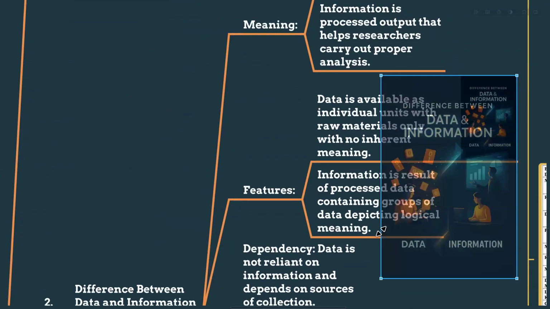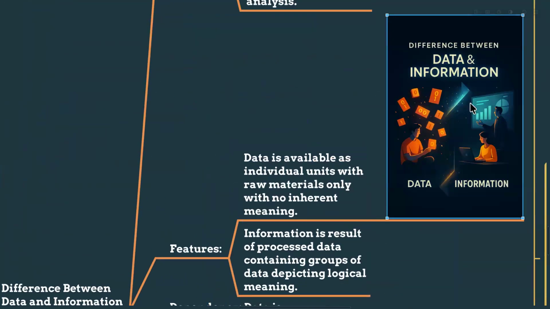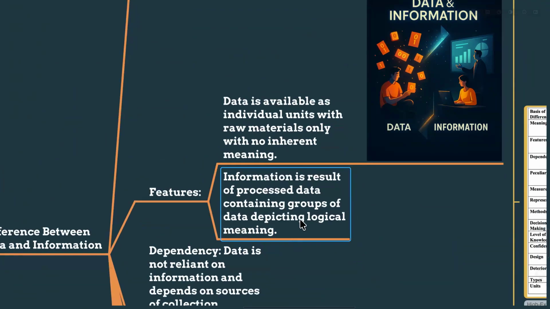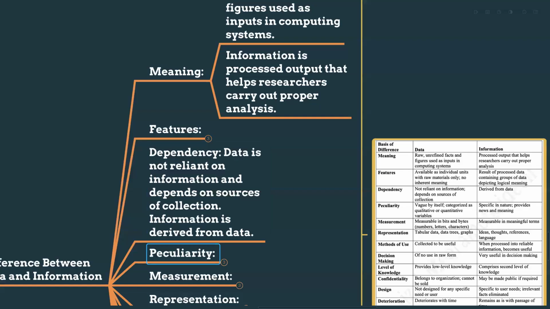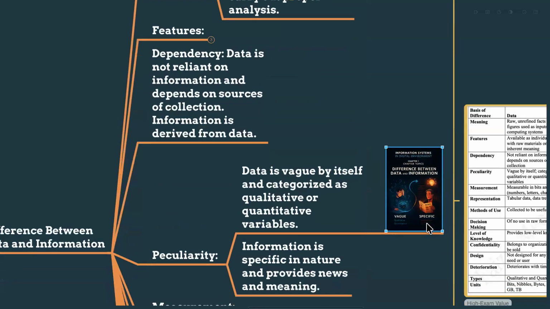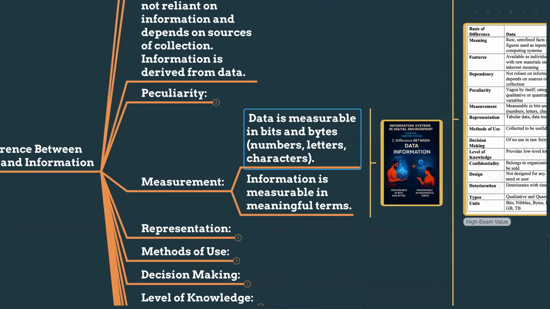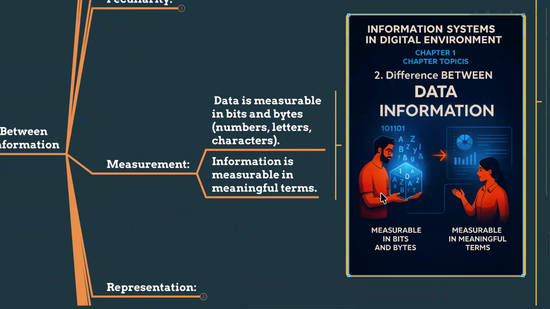Data is available as individual units, raw material with no inherent meaning, and information is the result of processed data. So the same thing I have included here. Information is very specific, but data is vague, as you can see pictorially.